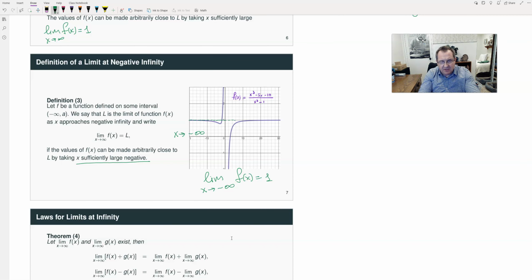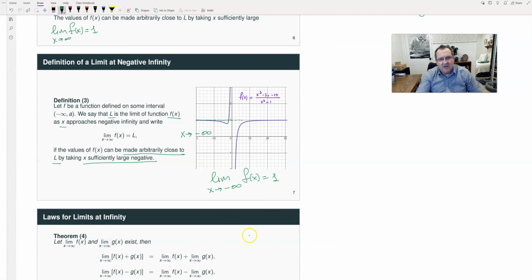The definition is very similar to the previous one. We say that capital L is a limit of function f as x approaches negative infinity if values of the function can be made arbitrarily close to L by taking x sufficiently large negative.